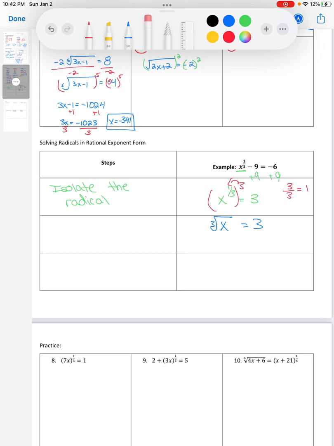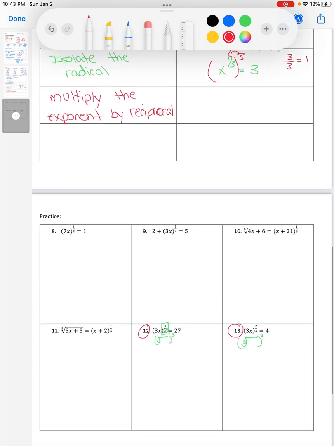Okay? So we're just multiplying the exponent by its reciprocal. The only thing is when we have these where it's 3 over 2, it's just a lot easier to do a step at a time.